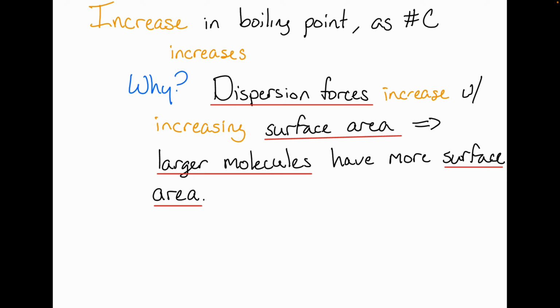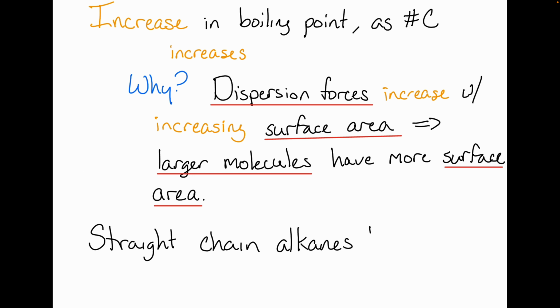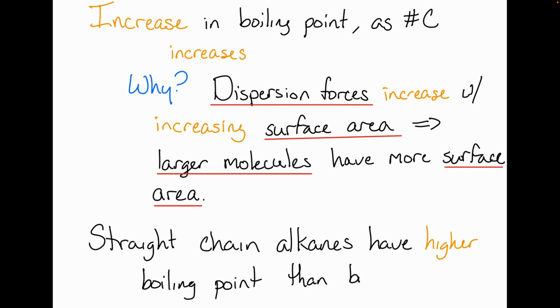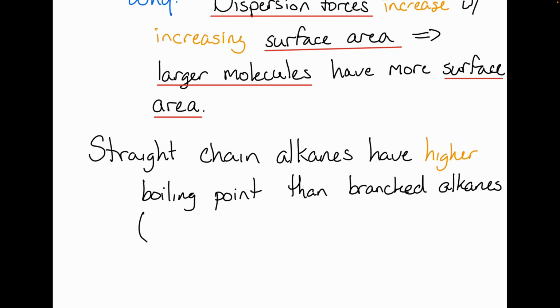All right, so we're also going to note that our straight chain alkanes have a higher boiling point than branched alkanes, with the caveat with the same number of carbons.